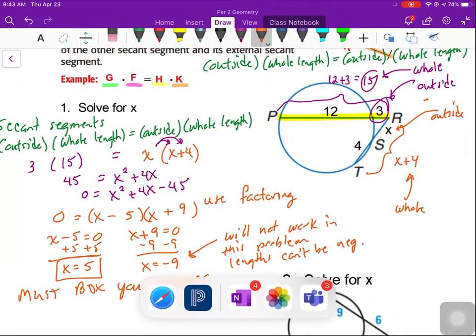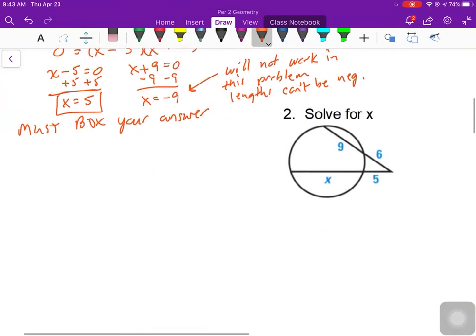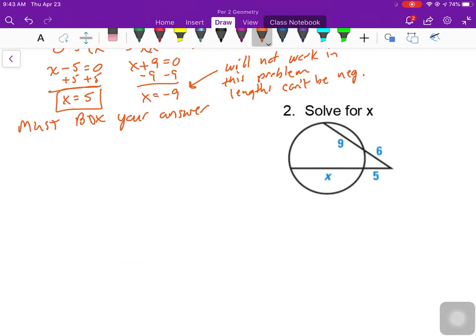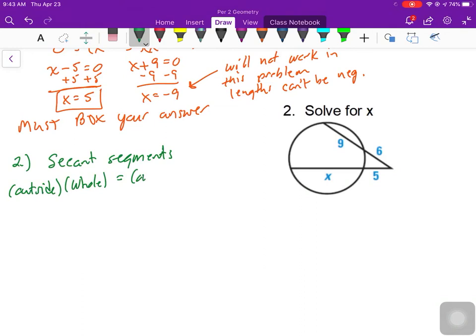Let's try a second problem. So in this second problem, we once again have secant segments. So we once again follow the pattern of outside times whole equals outside times whole.